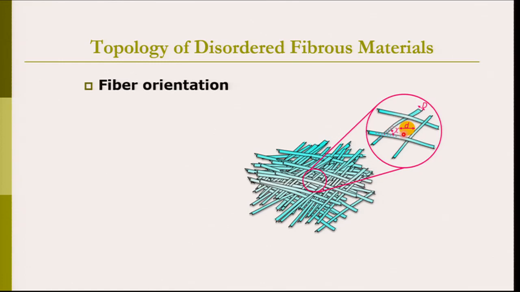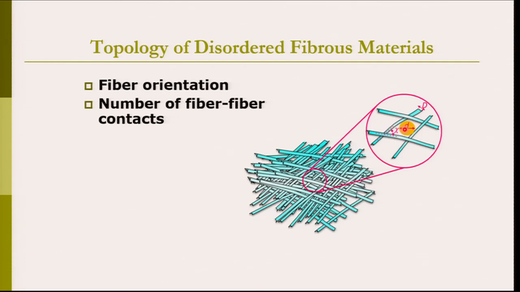Fiber orientation is a key component because it influences different kinds of properties. For example, the pore size, which is shown here by the yellow circle, is highly influenced by the alignment of the fibers within the structure.